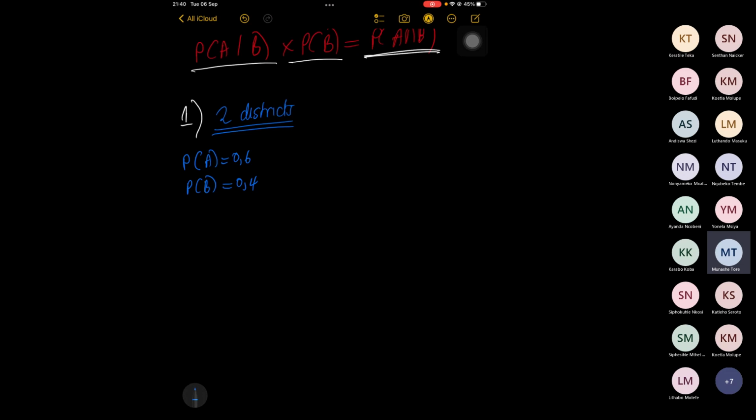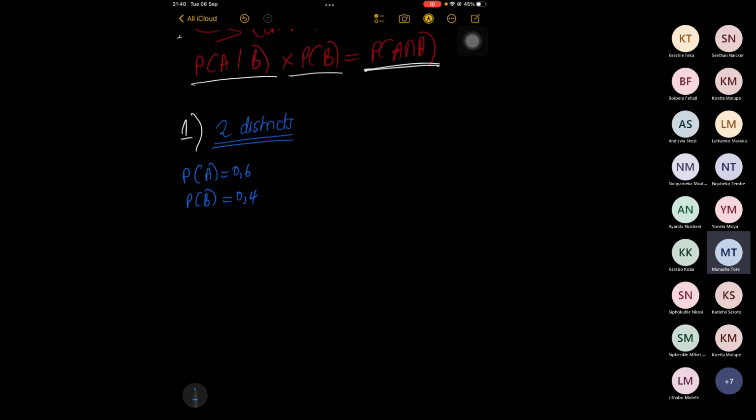Then they tell you that of all the calls that are coming from district A, the moment you hear this, just know that this is a condition, it's literally a condition, because they are telling you, okay, of all the calls that are coming from A, which means that A is the condition that you have, isn't it?